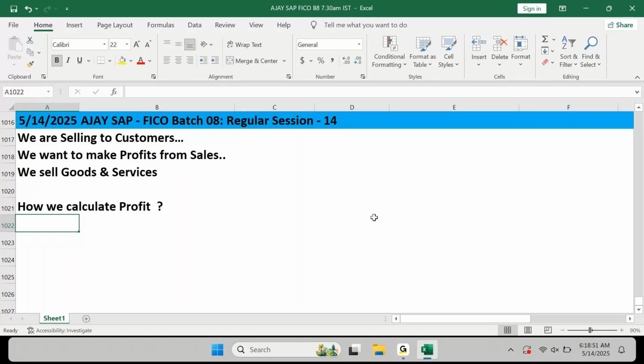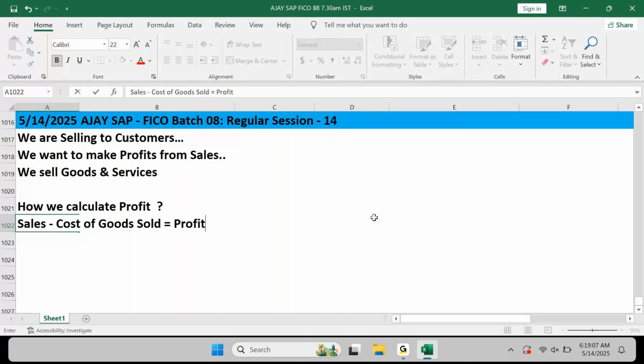Sales minus cost of goods sold. Sales minus cost of goods sold is equal to profit. Is this correct? No, you get gross profit, not profit. Yes, here we call it a profit.